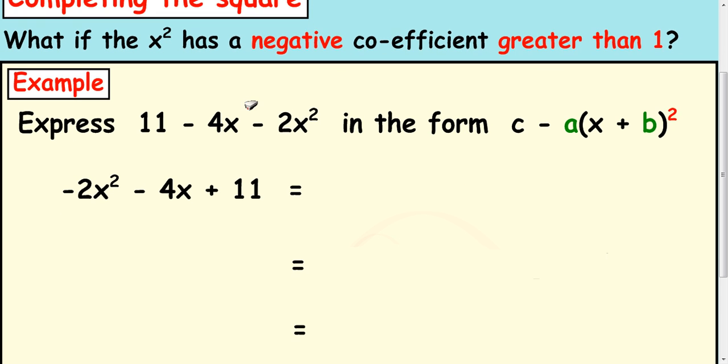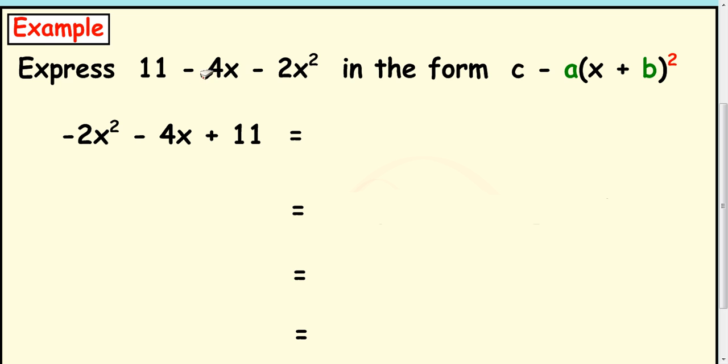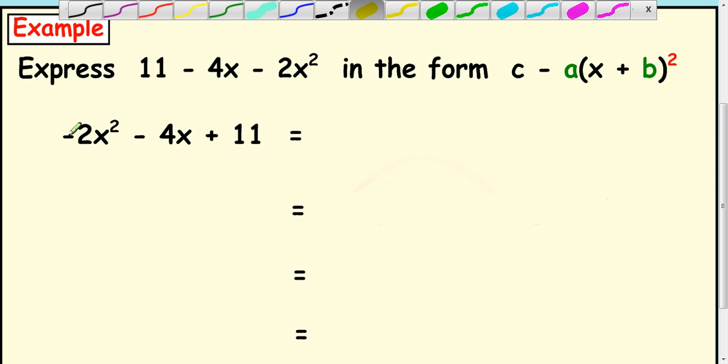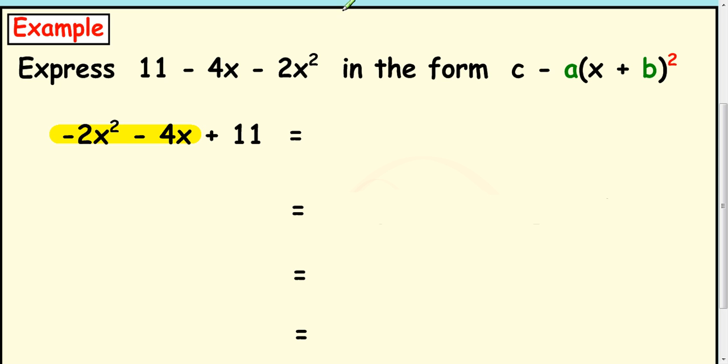Okay, let's look at another example here. Express 11 take away 4x take away 2x squared in the form c subtract a bracket (ax plus b) squared. Like last time, rearrange it. Put your negative 2x squared first, then take away 4x and a plus 11 at the end. Look at your first two terms here.